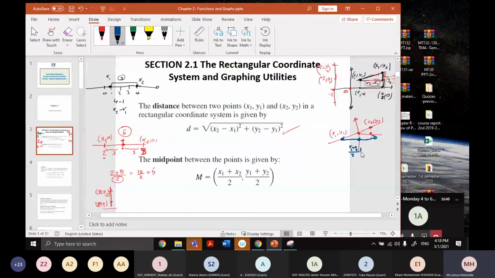And of course the second point, because I am on the x axis, the second point, which is the y value, is equal to 0.